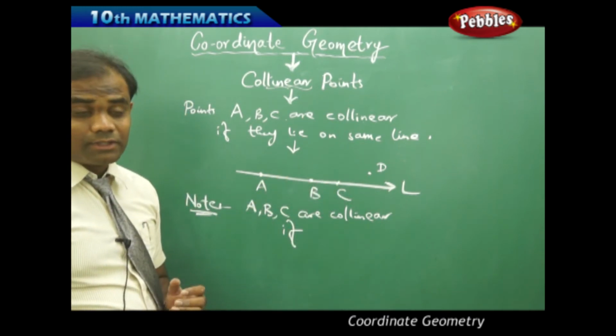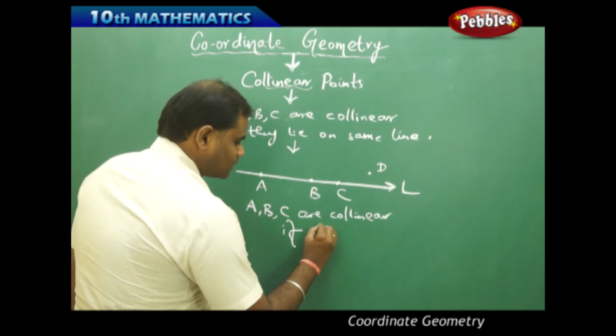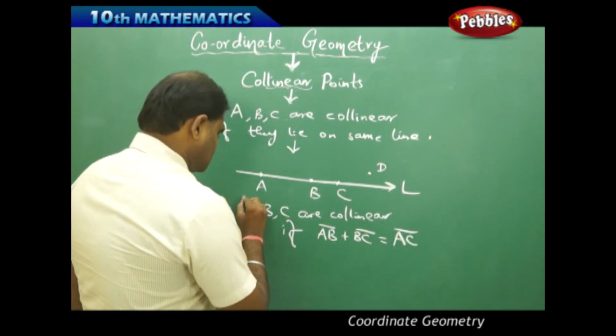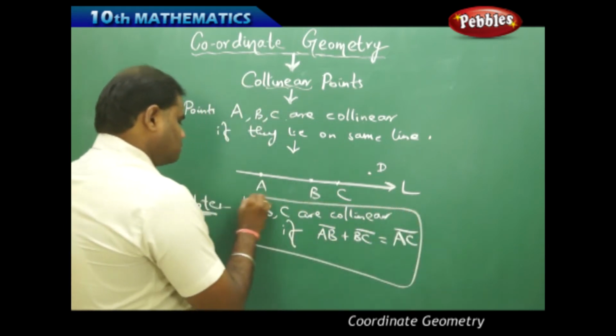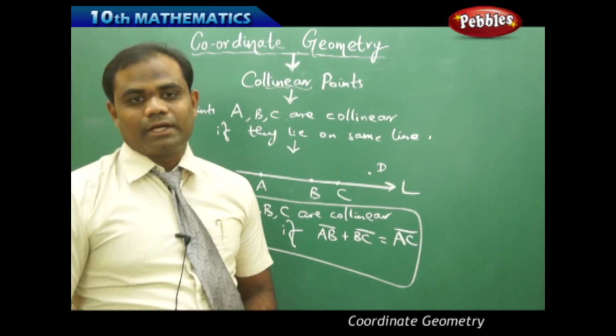So ABC are collinear if AB plus BC equals AC, which is an important formula I take in solving problems related to collinearity.